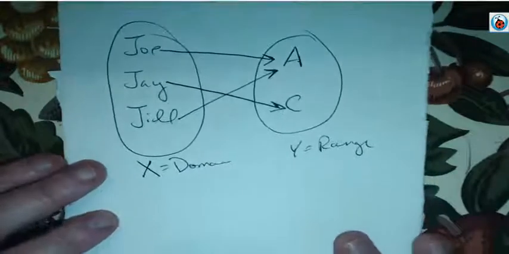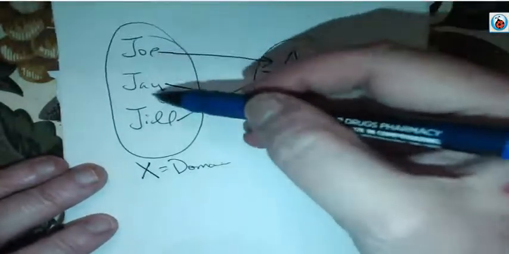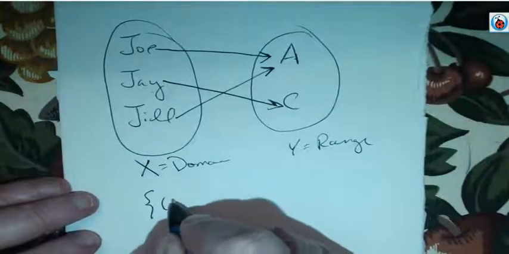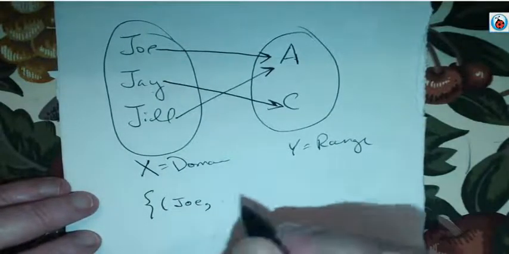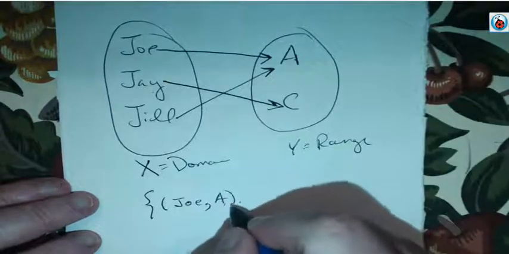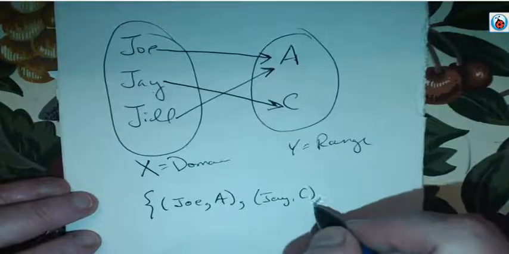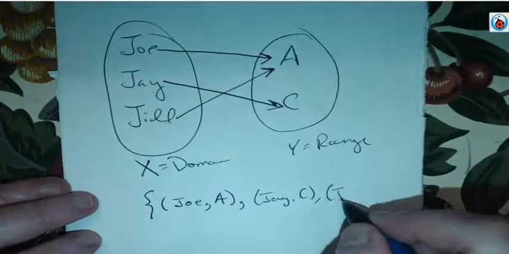Okay. So my domain is the set of Joe, Jay, and Jill. My range is A and C. This could have been presented to me the following way. Joe is paired with A. Jay is paired with C. And Jill is paired with A.